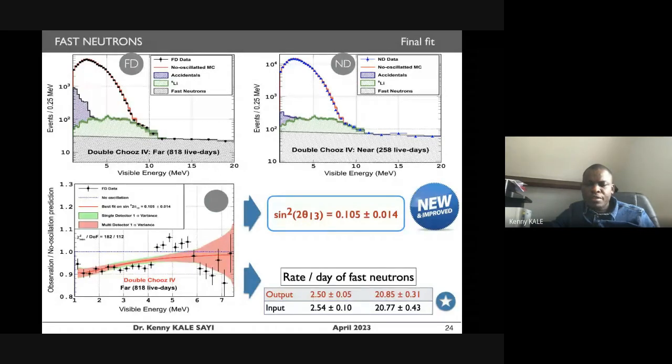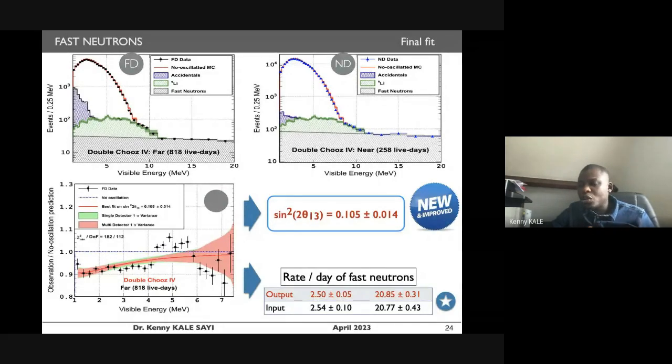If there is no oscillation, the amount of neutrinos that reach the far detector is the same as the amount that previously reached the near detector. So if you take the ratio of these two amounts, you have to find 1.